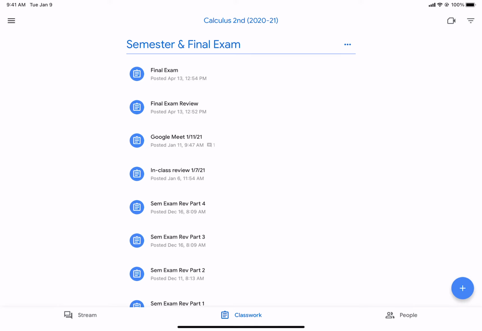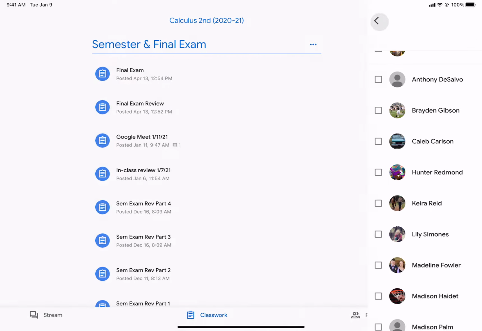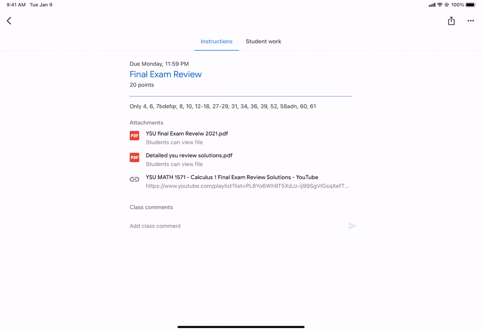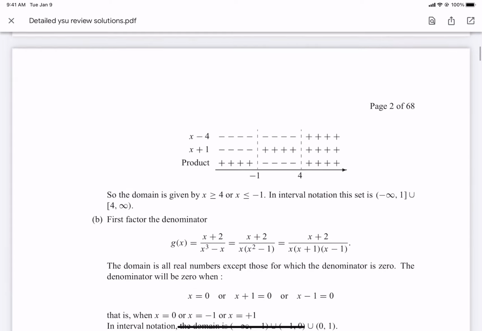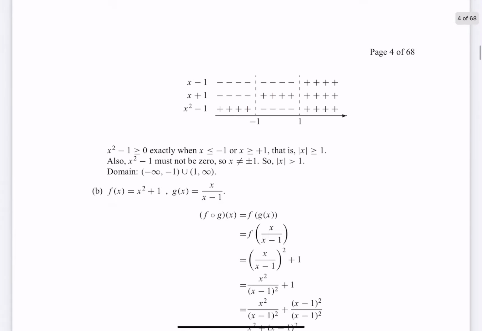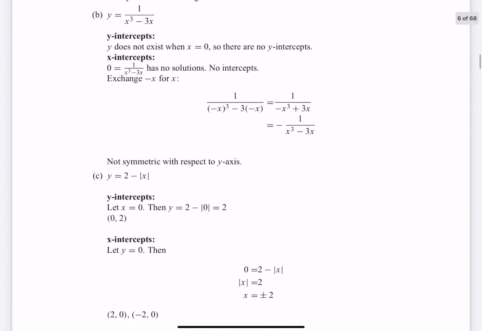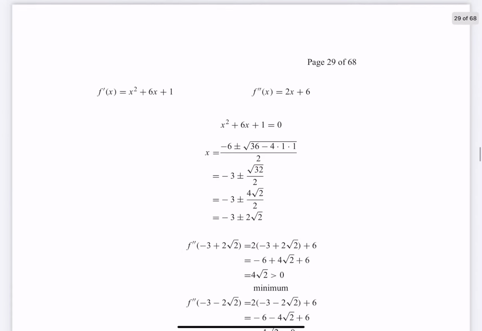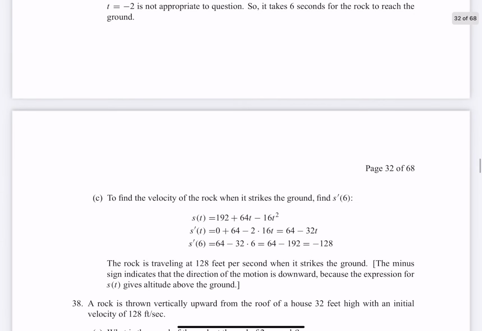But it doesn't look like you do anything with it. They use the quadratic formula and get negative 3 plus or minus 2 radical 2. Oh, they did put it in the f second prime.